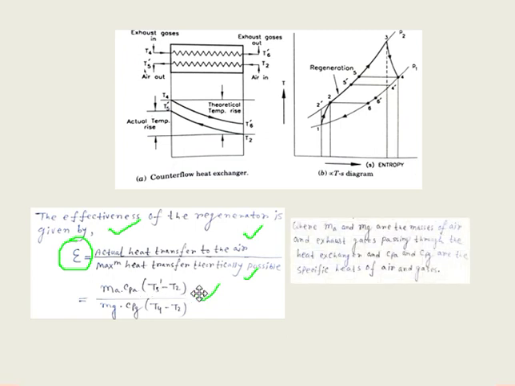The effectiveness of the regenerator is given by epsilon is equal to actual heat transfer to the air by maximum heat transfer theoretically possible, that is equal to Ma into CPA into (T5 dash minus T2) by mg into CPG into (T4 minus T2), where Ma and mg are the masses of air and exhaust gases passing through the heat exchanger, and CPA and CPG are the specific heats of air and gases.